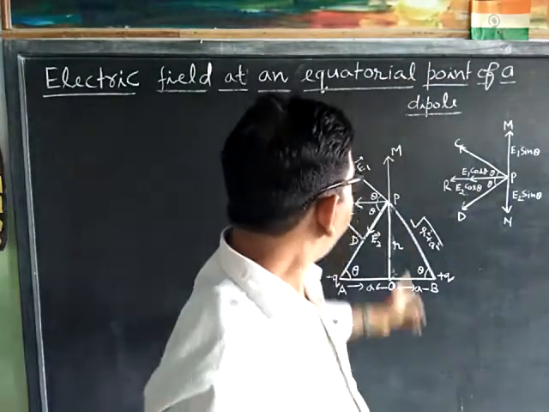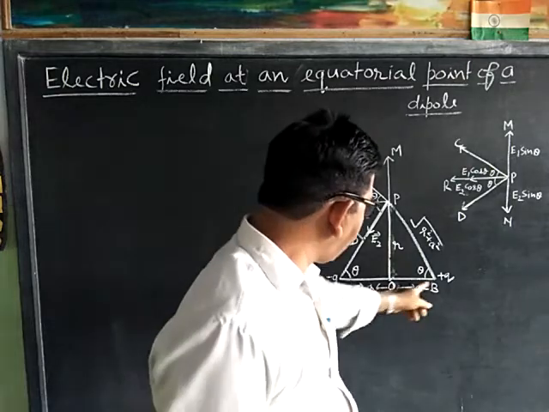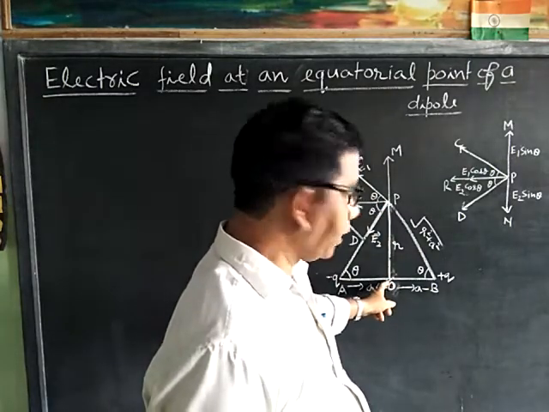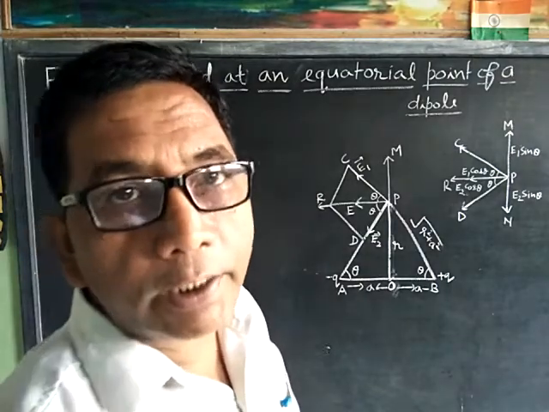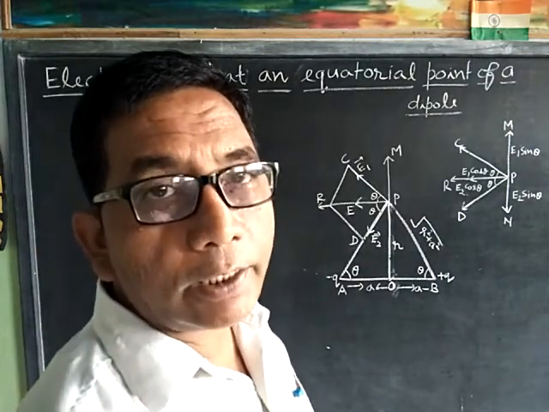A line which is perpendicular to the axial line and passing through the midpoint of an electric dipole is known as the equatorial line.